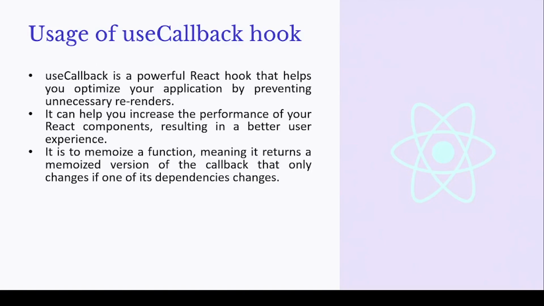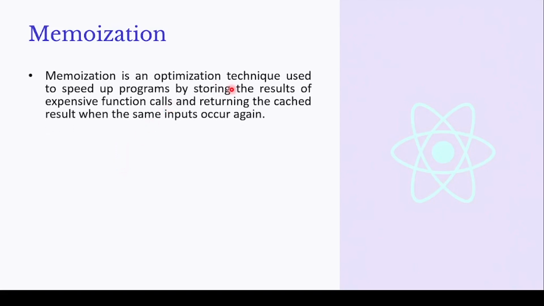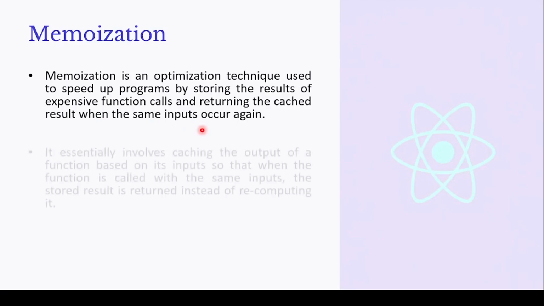Alright, so we would be better able to understand once we have implemented the example. But let's first try to understand this memoize. We have a term called memoization. It's an optimization technique used to speed up computer programs by storing the results of expensive or complex function calls and then returning the cached result when the same inputs occur again.